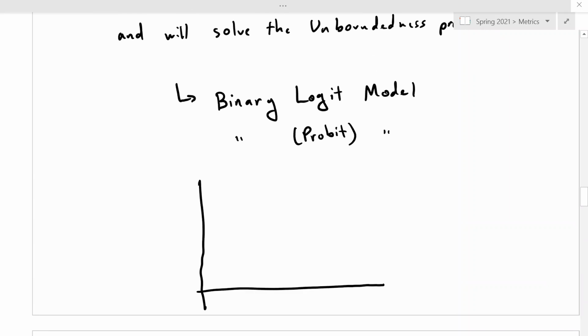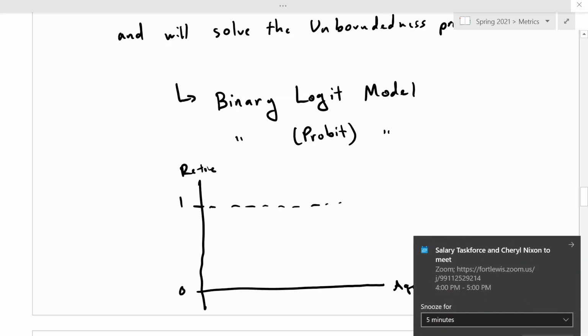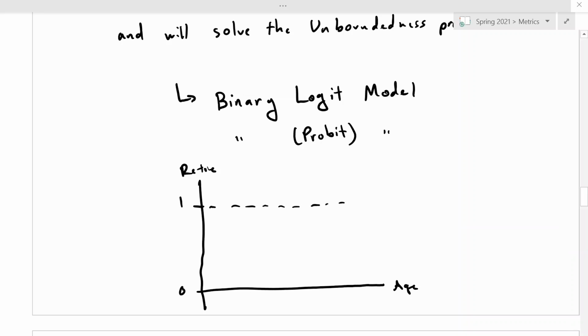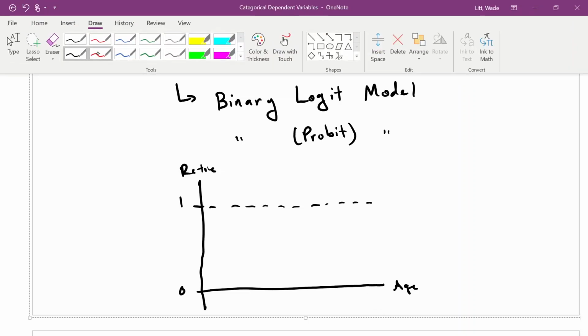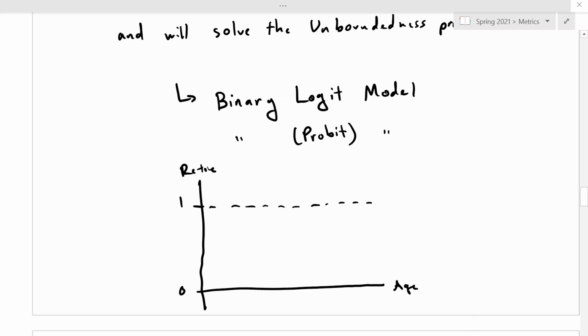But if we had the same situation here with age and retirement, and we have 0 and 1, what the binary Logit or probit models are going to do is model the probabilities based on the logistic or the normal probability distributions, and what that's going to lead to is boundedness.